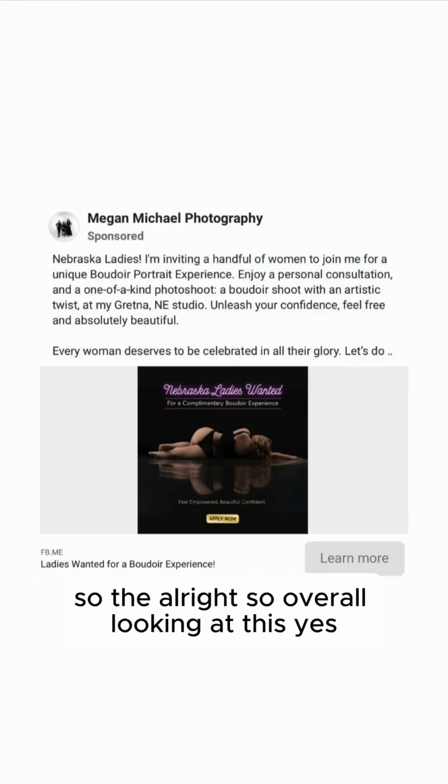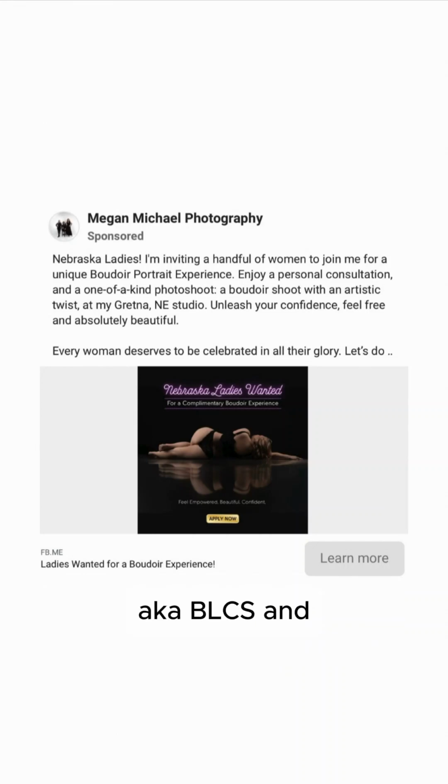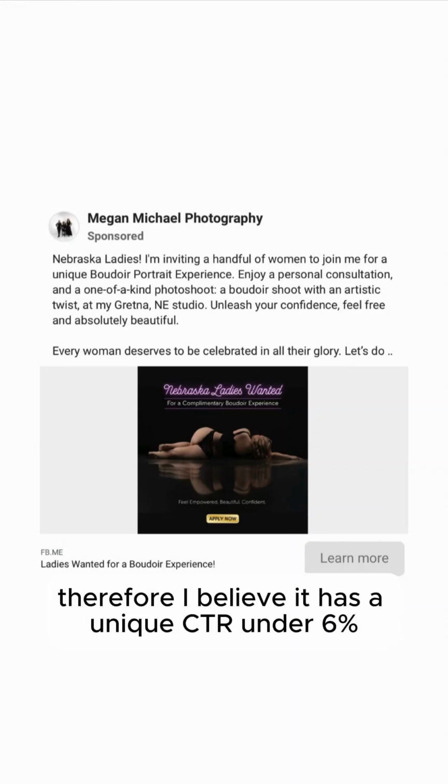So all right, overall looking at this, yes, I do believe this has Boudoir low click syndrome, aka BLCS. And therefore, I believe it has a unique CTR under 6%.